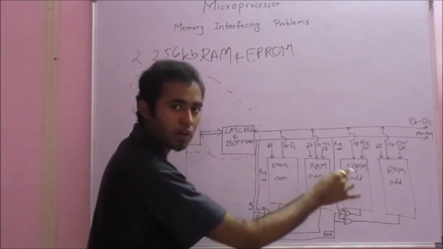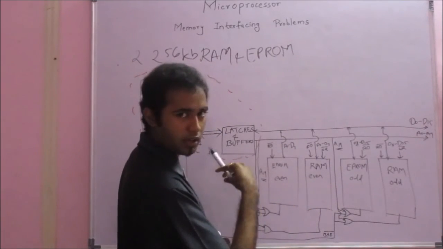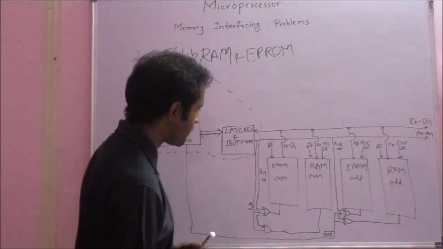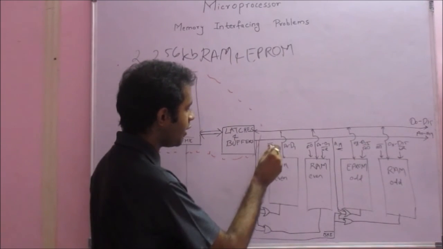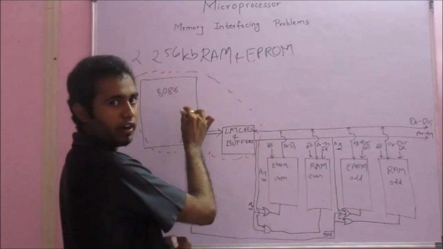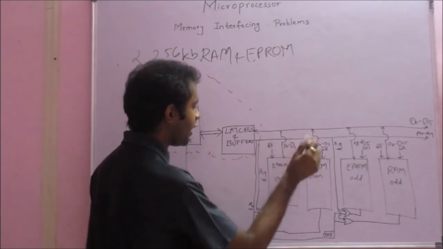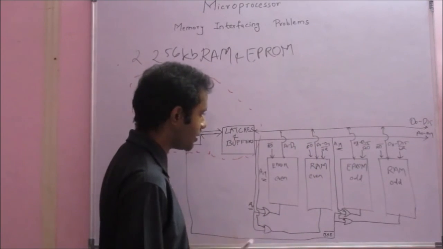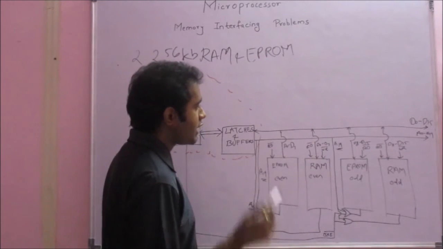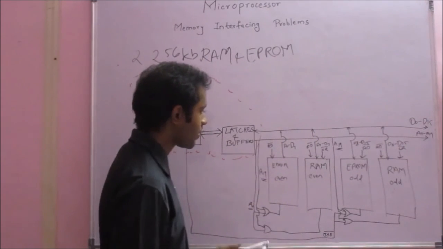So you got here how to make connections to the memory devices with the 8086. Along with this, I have also connected a read line which comes from the 8086 to the EEPROM, which is read only. I have connected read and write to the RAM because it can do both reading and writing. The next thing is connecting the data lines to the memory devices.